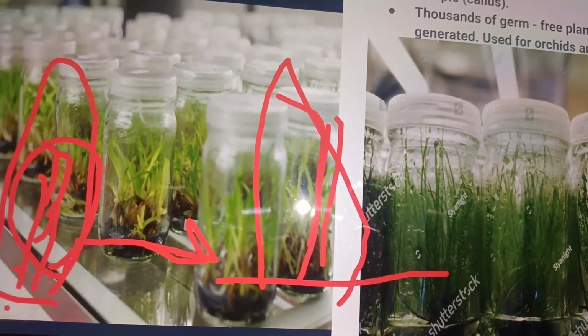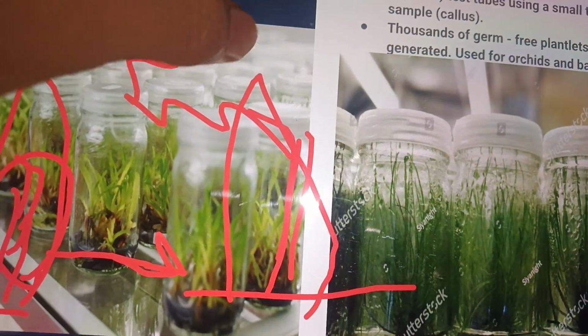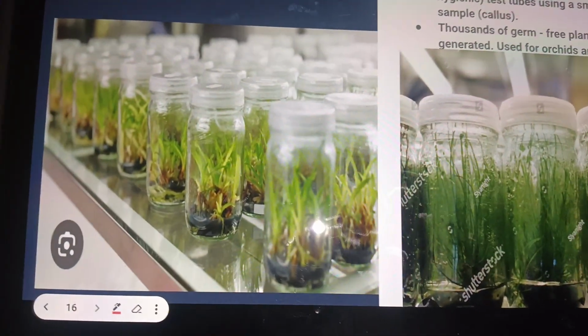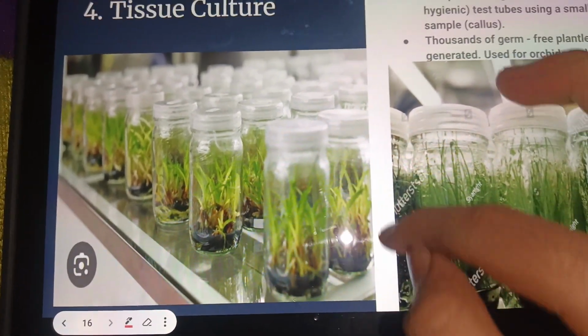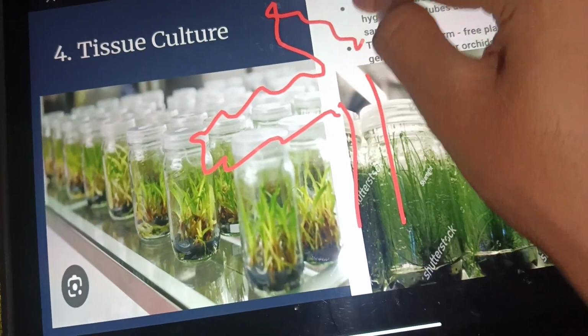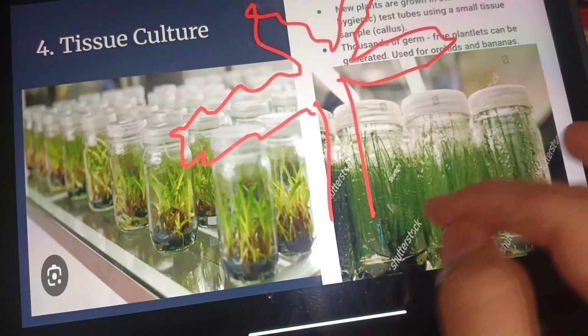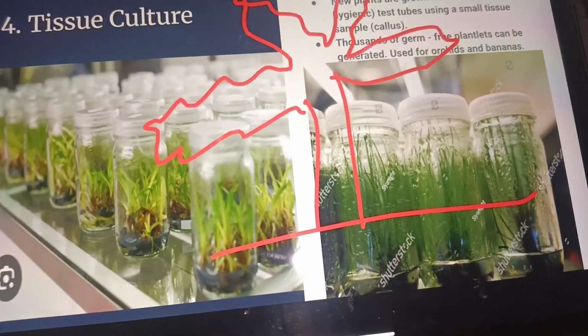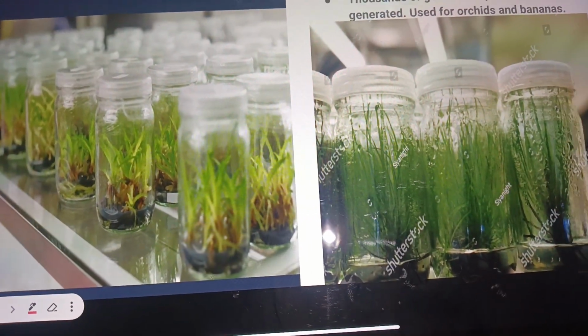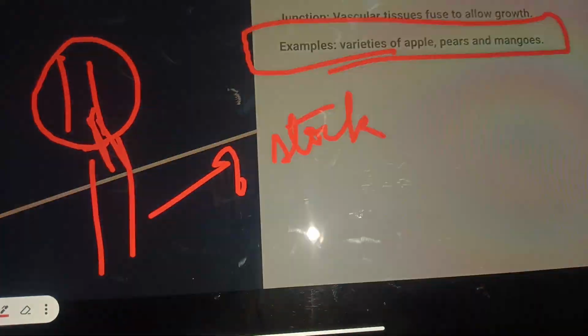Then it will grow. Is that clear? My diagram is very poor, so please don't go by that for explanation. So then it will start growing. Is that clear? So this is the end of this topic, that is, artificial methods of vegetative propagation.